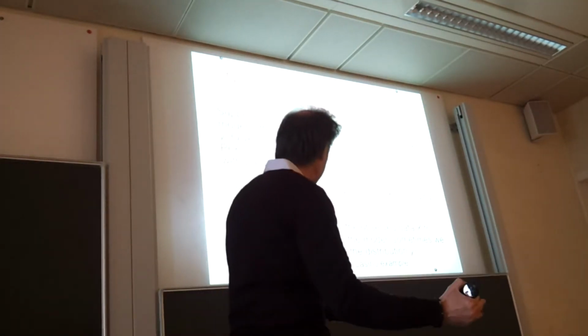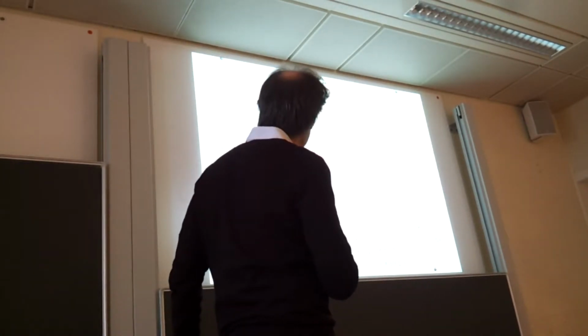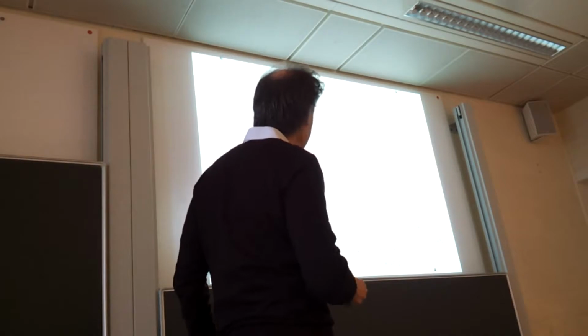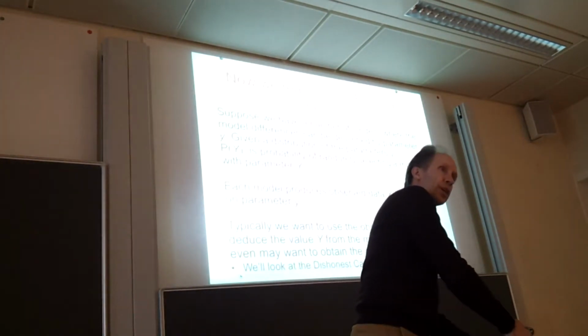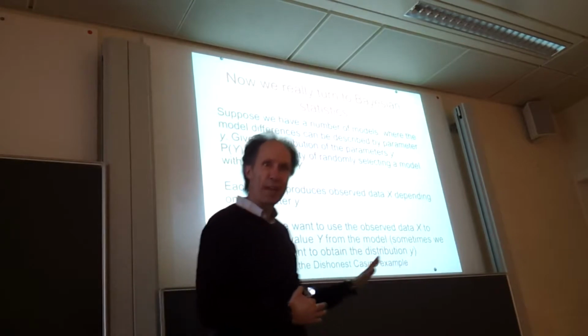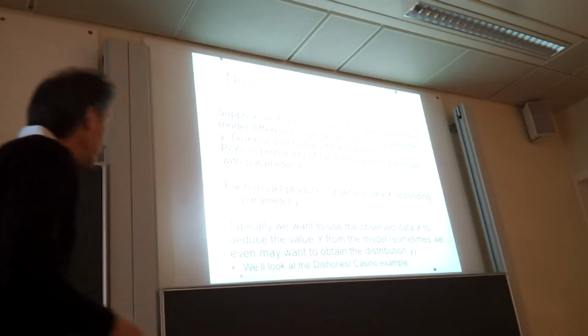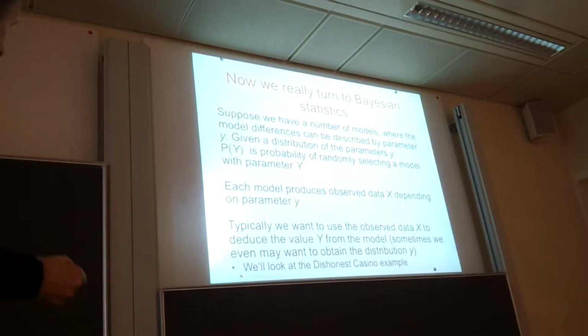So you have two models Y, the real die and the mental die, and these two models each produce output, the throws. Now you have to use that output to say something about what the model is. That is the trick all the time with these types of statistics. So you have a number of models, real die and mental die.